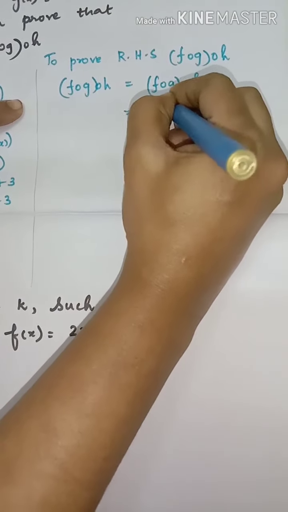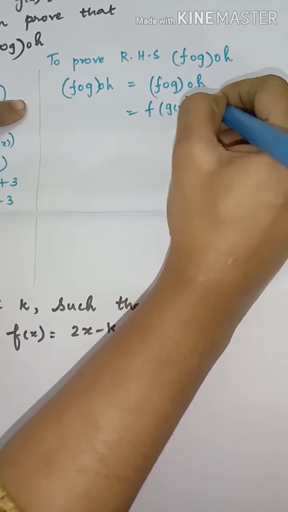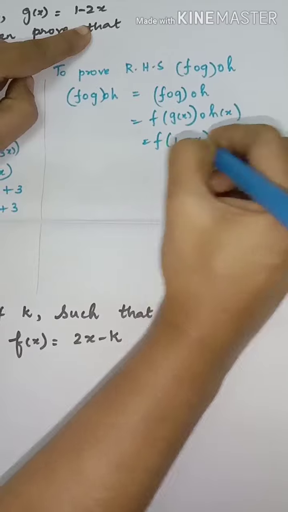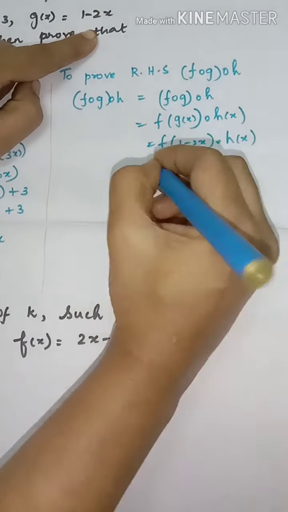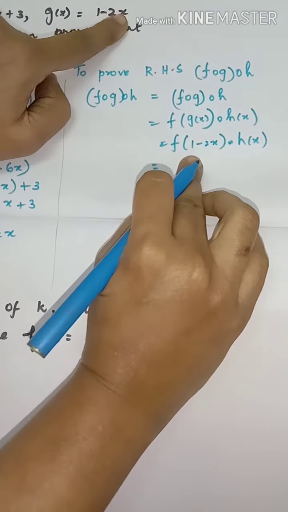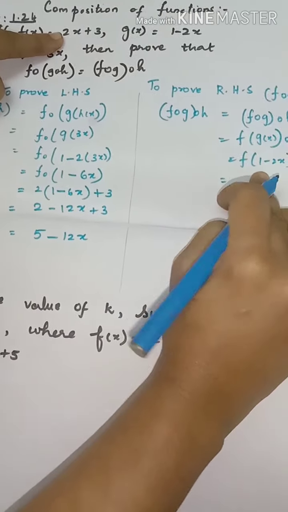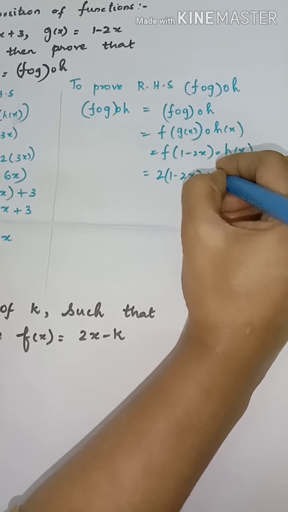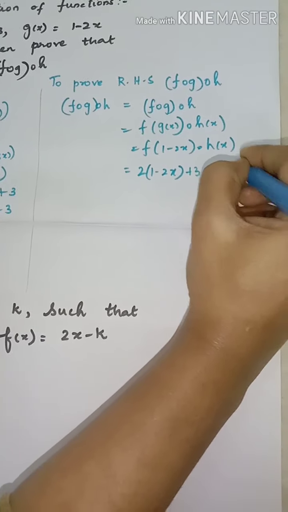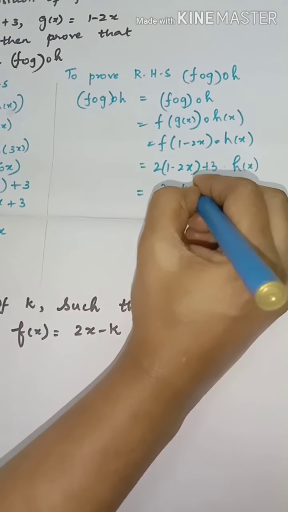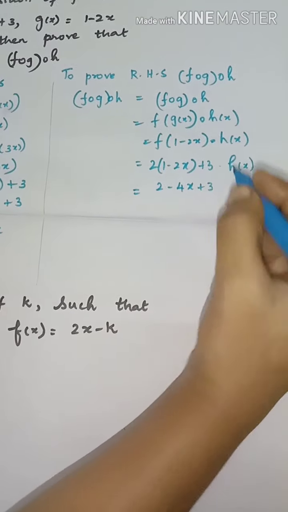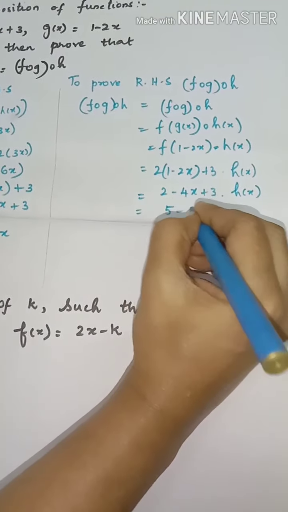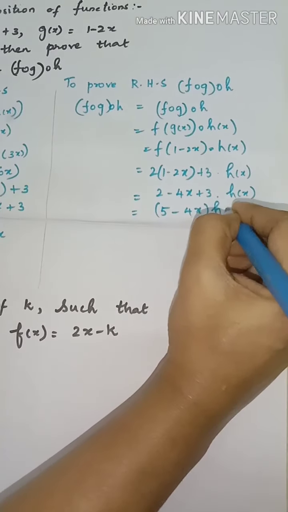So f(g(x)) composite h(x). So f(1 - 2x) into h(x), that is equal to, taking the 1 - 2x function and substituting in f(x), 2 into (1 - 2x) + 3 into h(x), that is equal to 2 - 4x + 3 into h(x), that is equal to (5 - 4x) h(x).